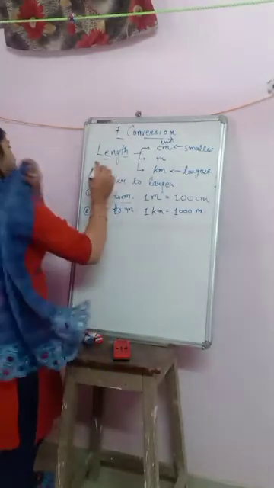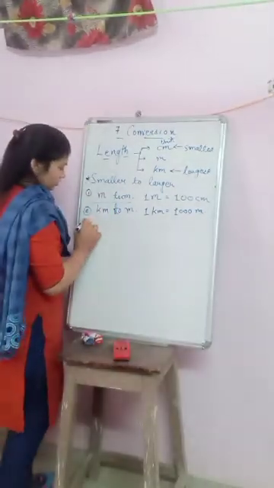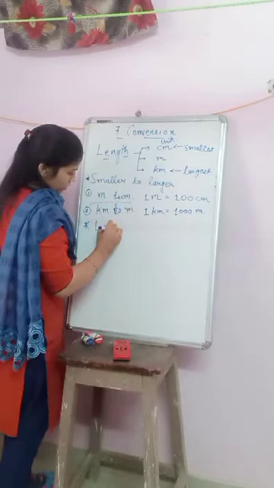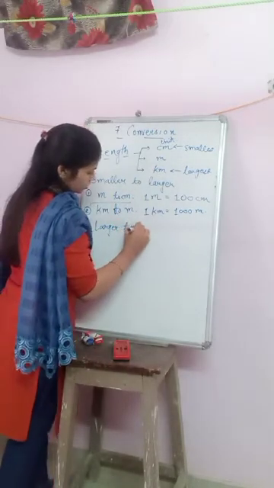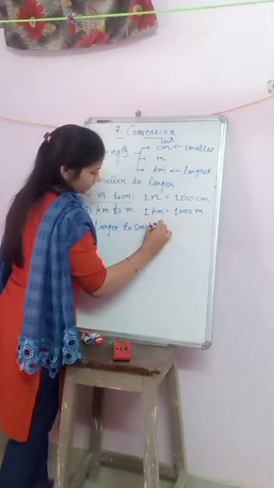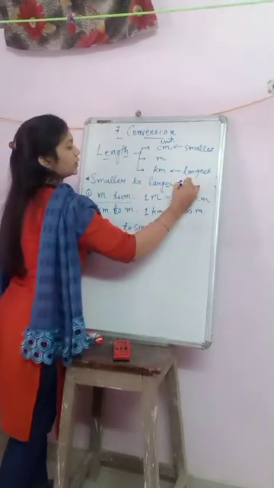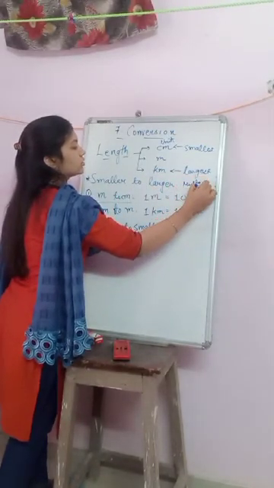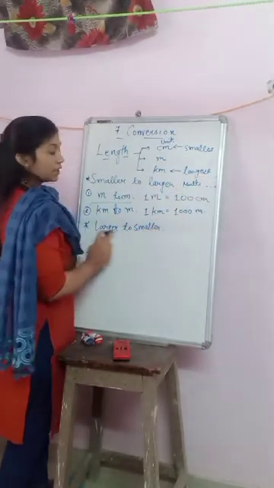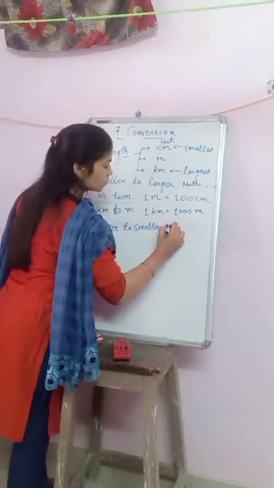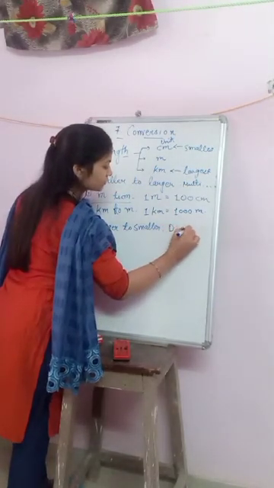Then we learn the second conversion, larger to smaller. In smaller to larger we are doing a multiplication, and in the larger to smaller conversion we are doing a division.